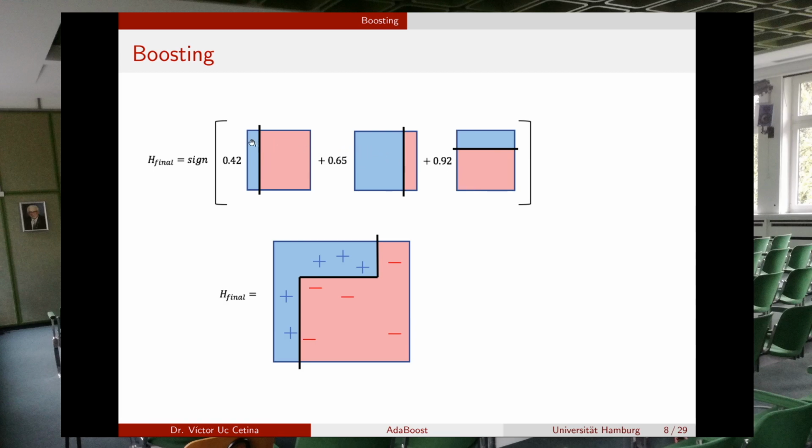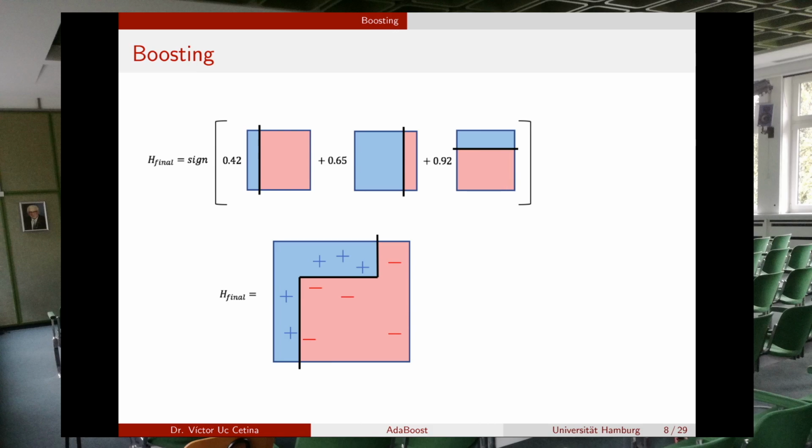So the final strong classifier, this capital H, will be computed as the sign of the sum of the opinion of each of the classifiers weighted by the corresponding alpha. If you compute this expression and simply look at the sign, if it is a negative number, then the strong classifier will give as final output that this example is a negative example.